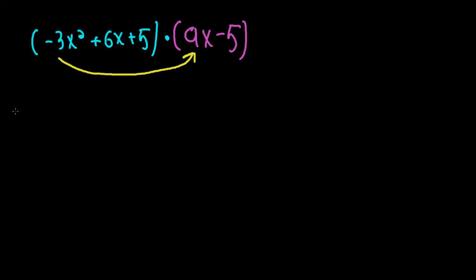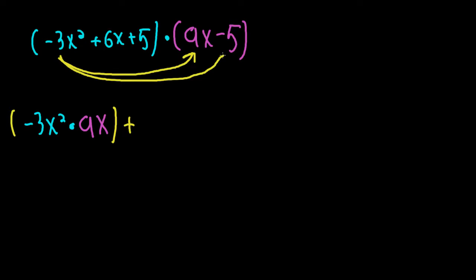So we have negative 3x squared times 9x. Alright, now I'll distribute it with the second term, negative 5. So we have negative 3x squared times negative 5.